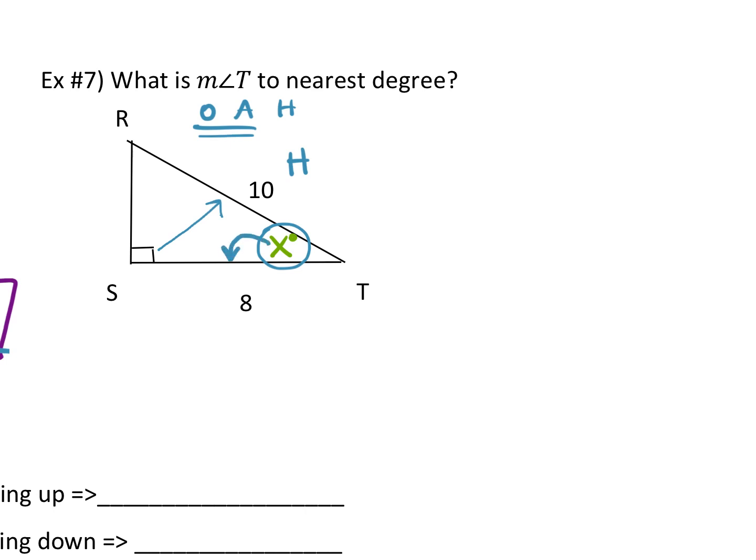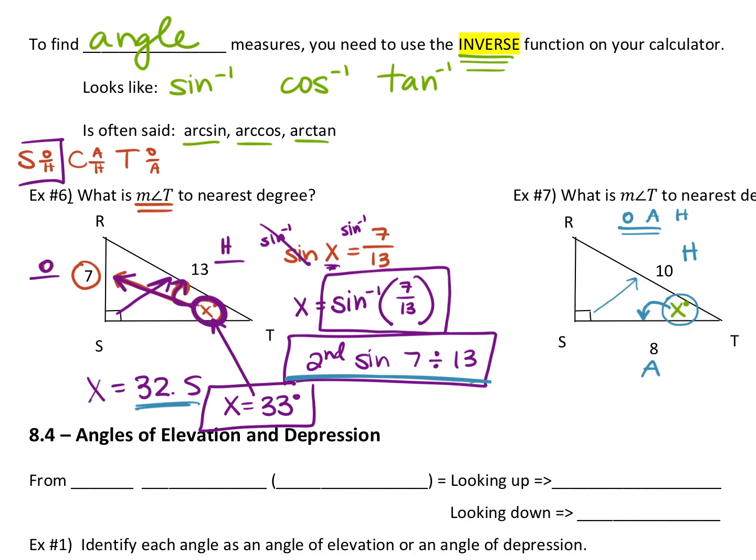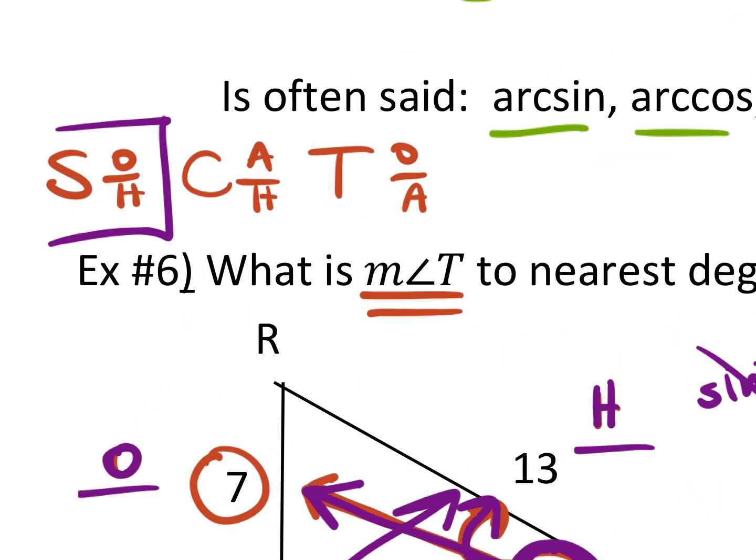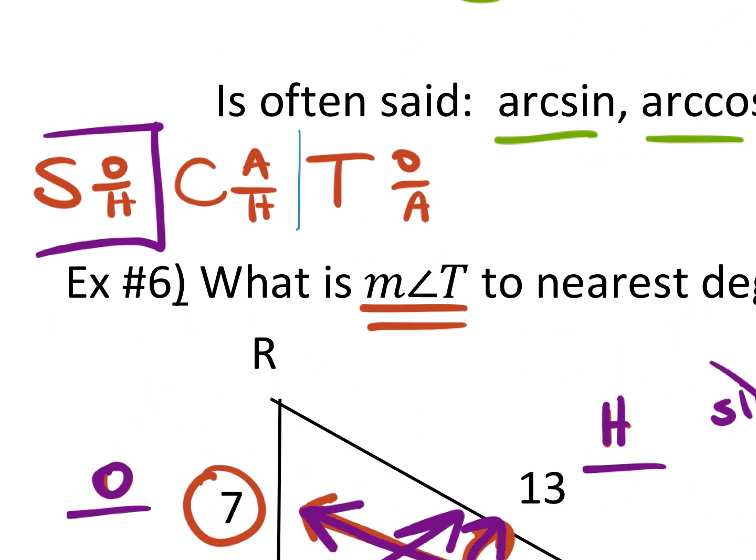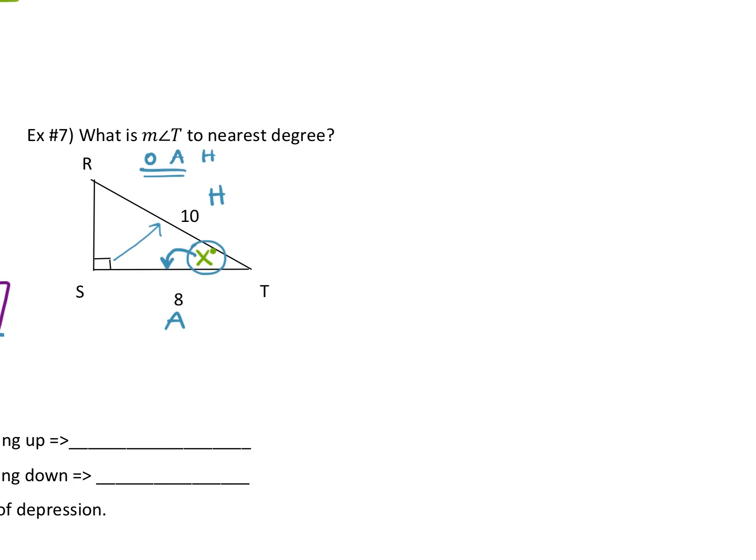What is the 8? Adjacent, okay? So if we have adjacent and hypotenuse, you look back at your SOHCAHTOA, which one is adjacent and hypotenuse? C. Cosine, okay? Adjacent over hypotenuse is cosine. So we're gonna use the cosine on this one.